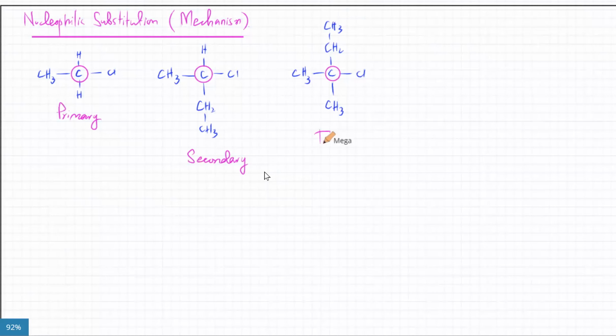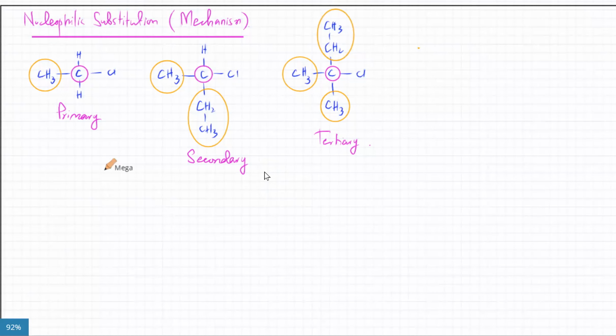Is that clear? Do you guys, is this clear? Yes, sir. Okay, so this one has one carbon chain, this one has two carbon chains, and this one has three. Whatever the types of carbon chains, we don't care. But you've got primary, secondary, and tertiary.